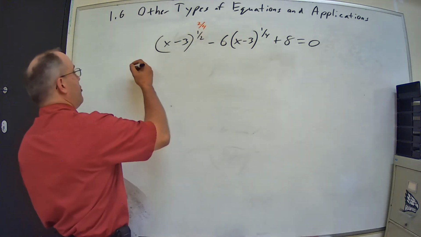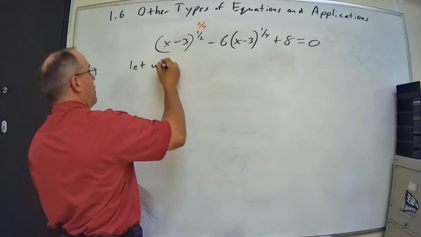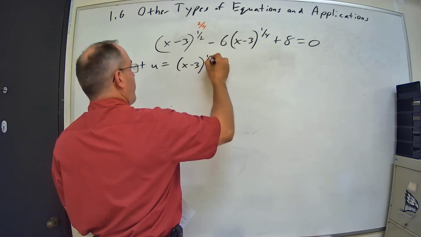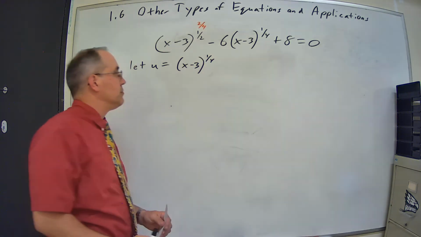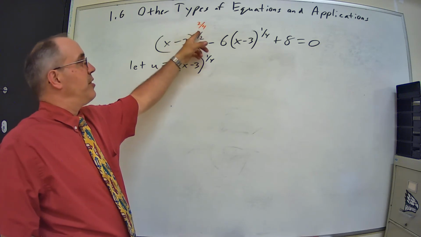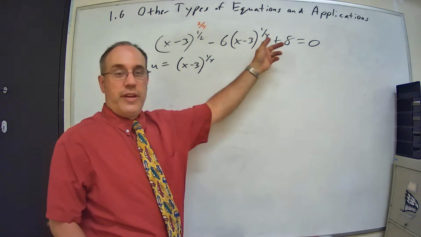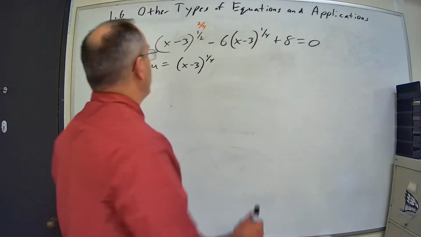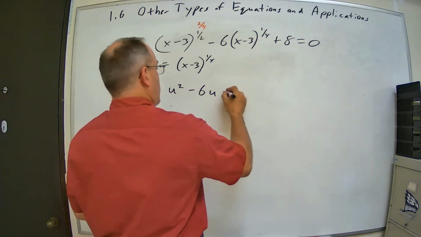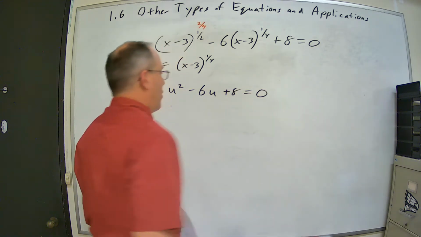So I'm going to let u equal (x - 3)^(1/4). By doing that, this will turn into an exponent of 2, and this will turn into an exponent of 1. So we have u^2 - 6u + 8 = 0.